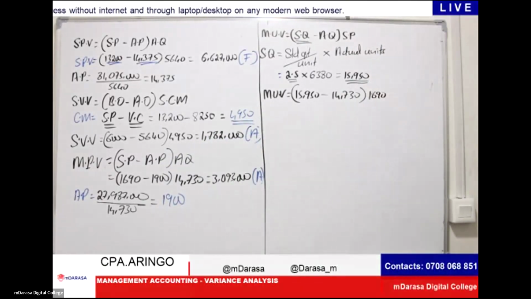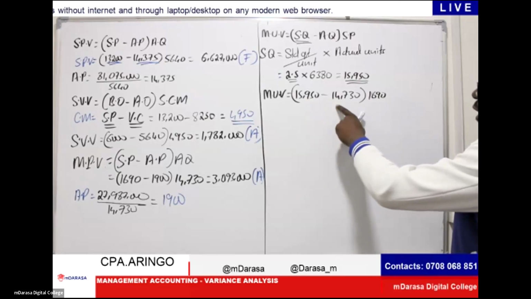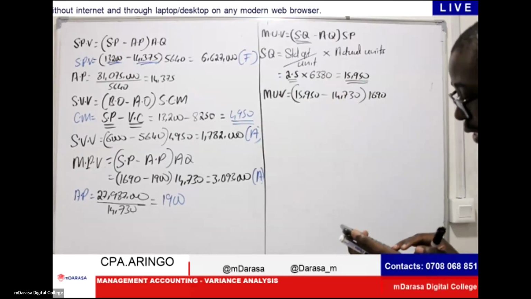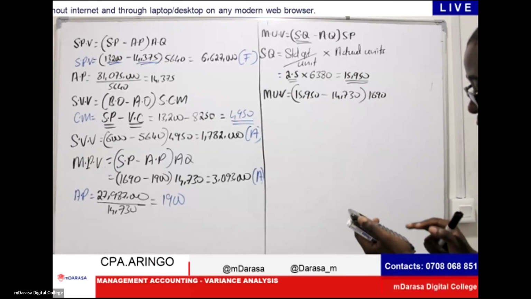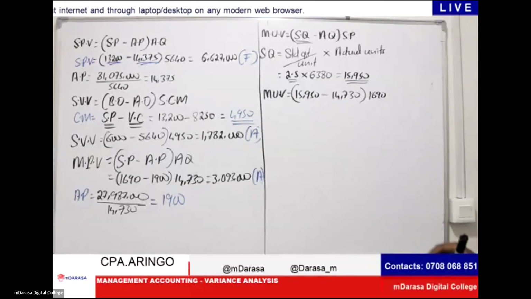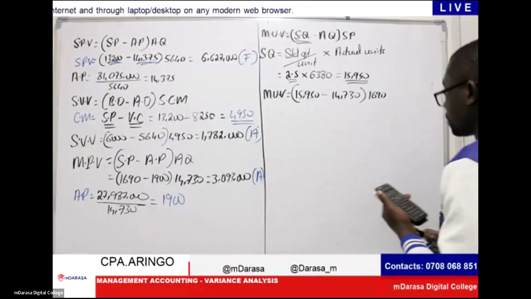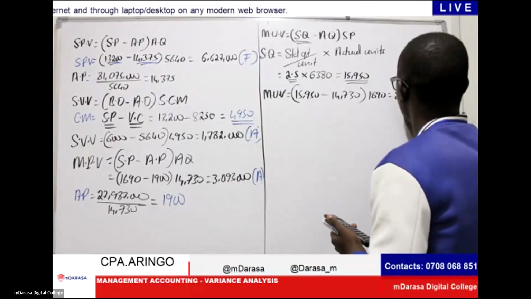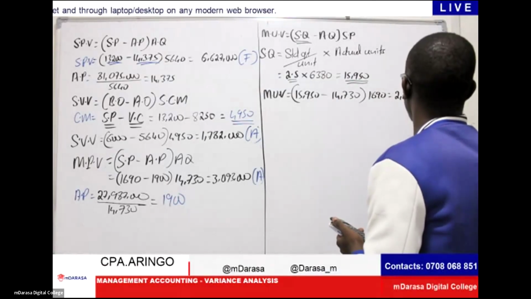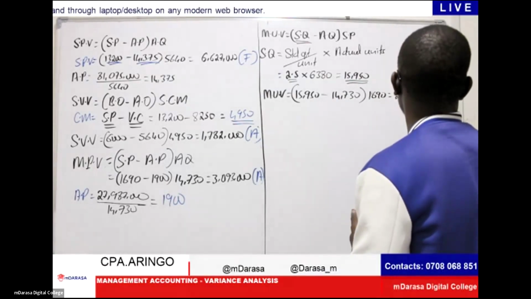You had planned to use 15,950, but you ended up using 14,730. So we agree that we do have a favorable variance of how much? 2,061,800. This is a favorable variance, F.